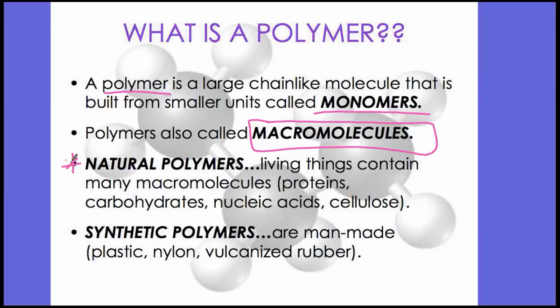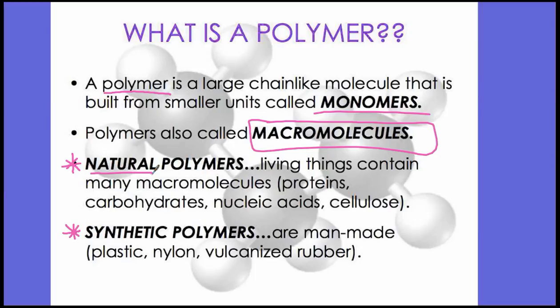Two different categories of polymers here, natural and synthetic. What's the difference? Synthetic is man-made, natural found in nature. Things like proteins, cellulose, carbohydrates. Remember what this one is? Nucleic acids. Next year, bio, DNA. All the stuff that's found in nature, found in living things, versus things that are synthetic, which means man-made.